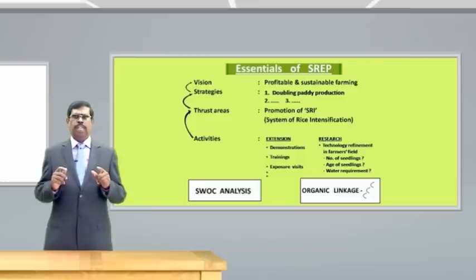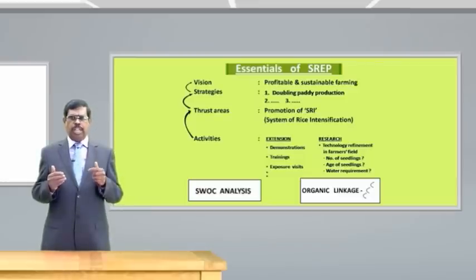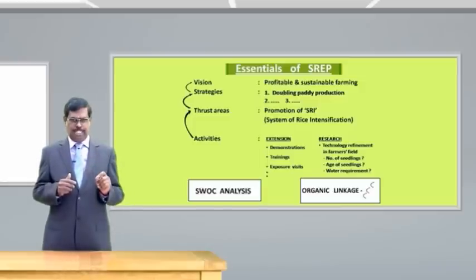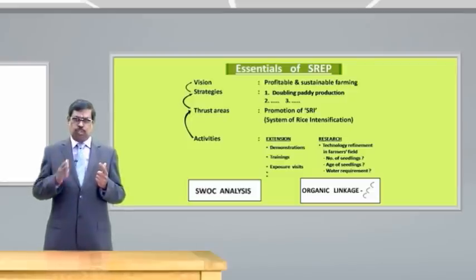For developing a very good SREP, we need to adopt 2 other dimensions also. Number 1 is we need to conduct what is called SWOT analysis of the district. That means what are our strengths, weaknesses, opportunities and challenges. These things have to be thoroughly done, based on which we develop the vision, strategies, thrust areas and activities.